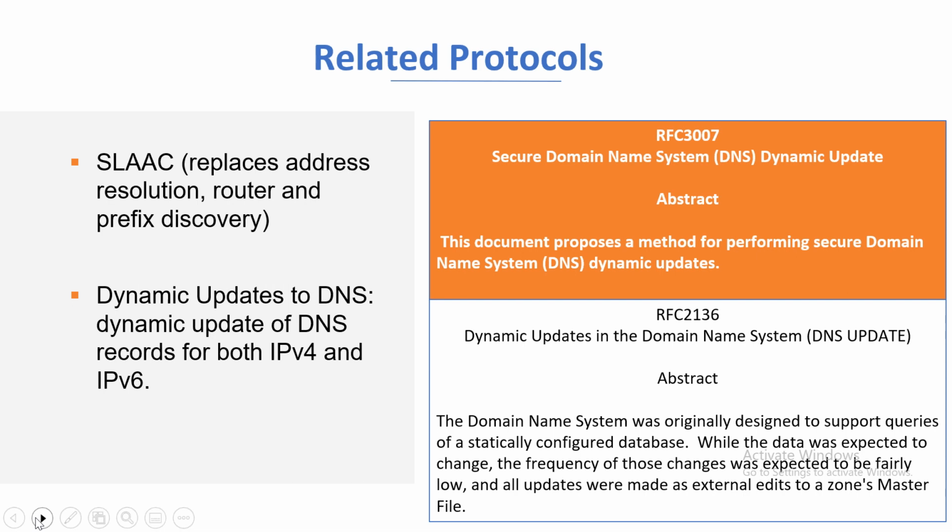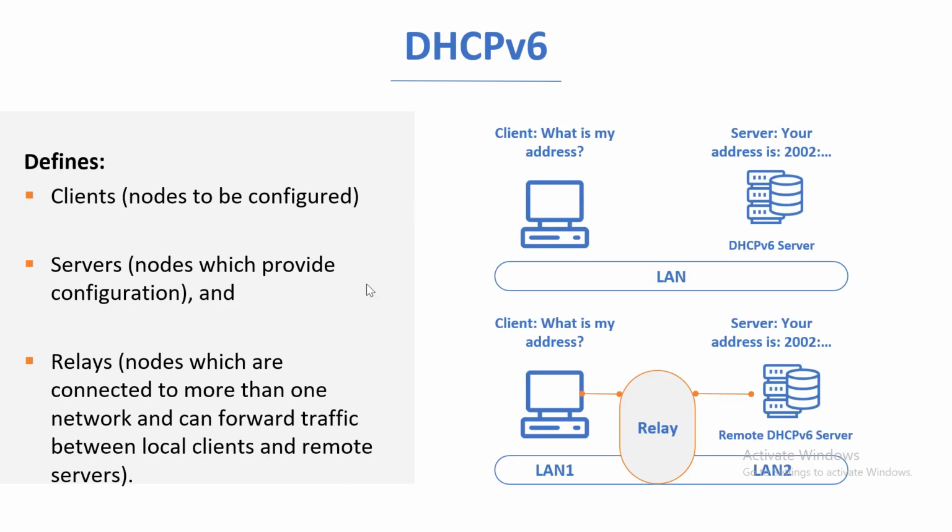So let's talk about basic functioning and kind of what we're looking at DHCPv6 defining. So you've got a few things to start with. You've got clients, somebody who's going to need an address. You've got servers, somebody who's going to grant addresses, and maybe some other things.